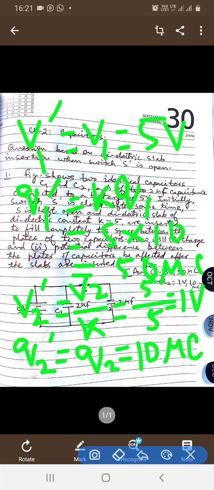So for the first case, for charge stored by capacitor, Q1 dash is equal to 50 microcoulomb, and for capacitor 2, Q2 dash is equal to 10 microcoulomb, and potential difference for capacitor 1 is 5 volt and for capacitor 2 is 1 volt. So this is the answer to this question.